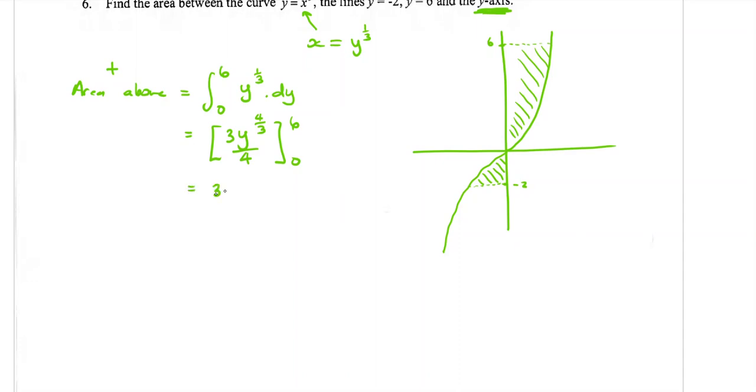So 3 times by 6 to the power of 4 over 3 over 4 minus 3 lots of 0 to the power of 4 over 3 over 4. That whole second fraction is really just 0 though. And that equals, I used the old calculator. It wouldn't give me an exact answer. I wonder if the new ones will. I should try. Didn't, no. So 8.18 to 2 decimal places. Had to round it.